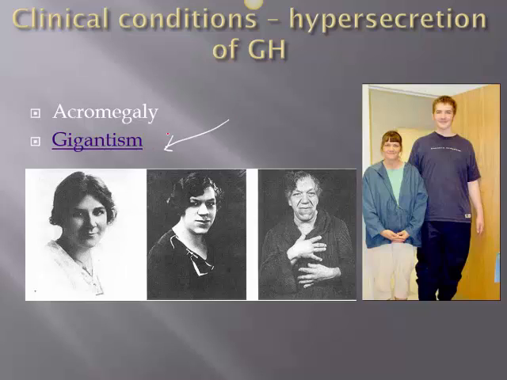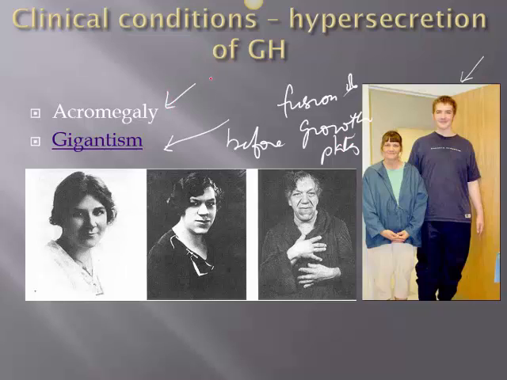If there is excess growth hormone, it keeps stimulating the epiphyseal plates. A person grows really, really tall, and that condition is known as gigantism. Here you can see this young boy, probably 14 or 15, and look how tall this person is. So this is before fusion of growth plates.